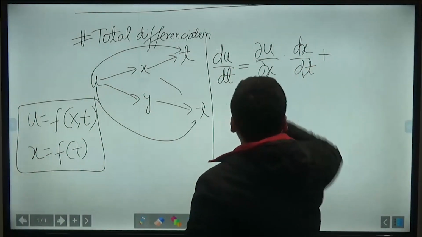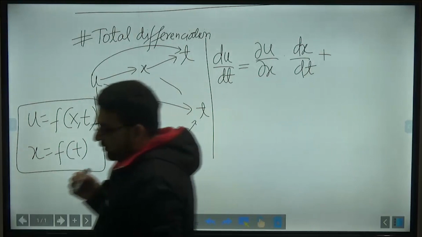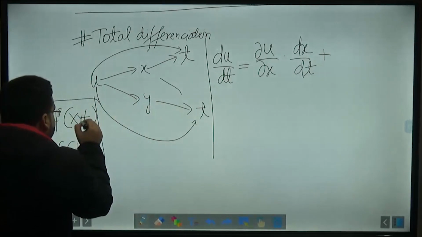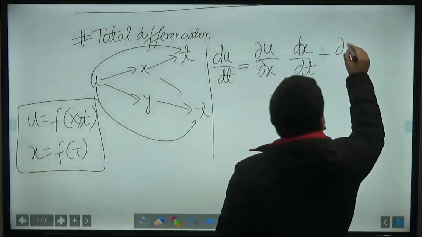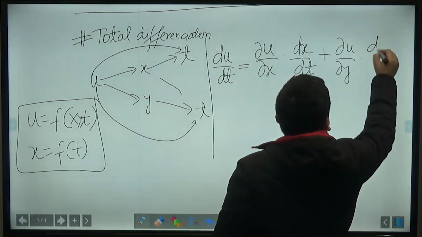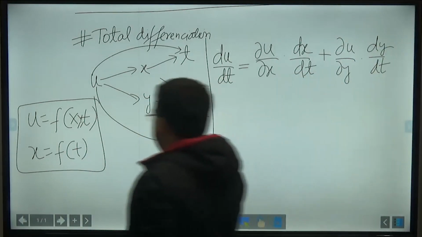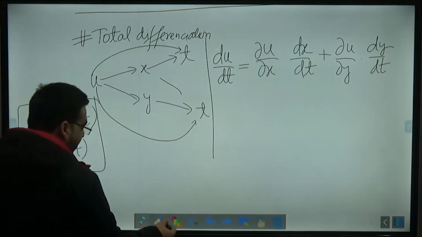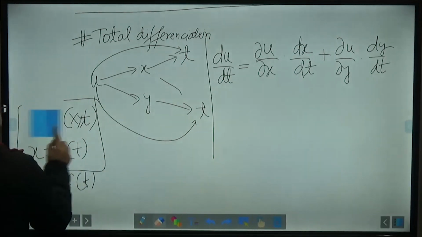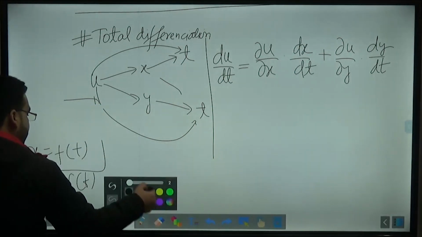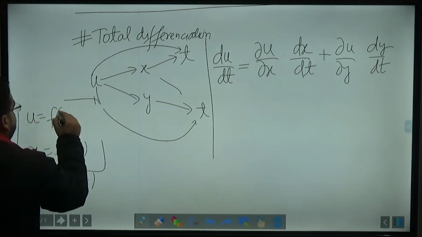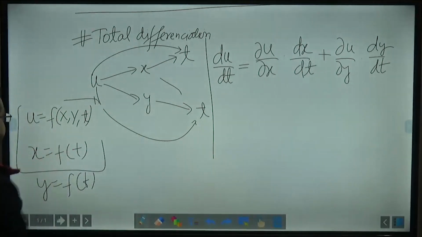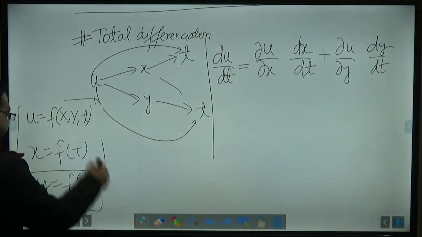And plus dou u by dou y into dy by dt, and y is also only a function of t. u is a function of x, y and t, and x is just a function of t, and y is also a function of t.